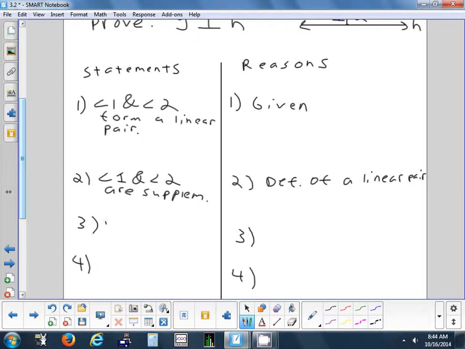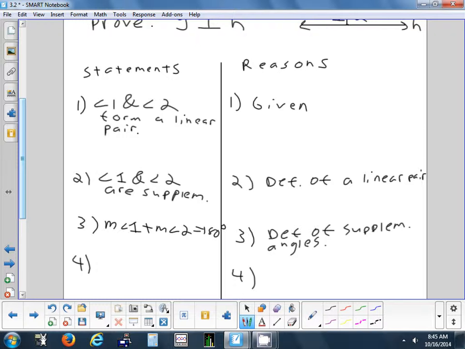I'm just going to write it as an equation: measure of angle 1 plus measure of angle 2 equals 180. Okay, but you're all on the right track. You just got to be a little bit more specific when you write a proof. And that's the definition of supplementary angles. Any question up to that step?